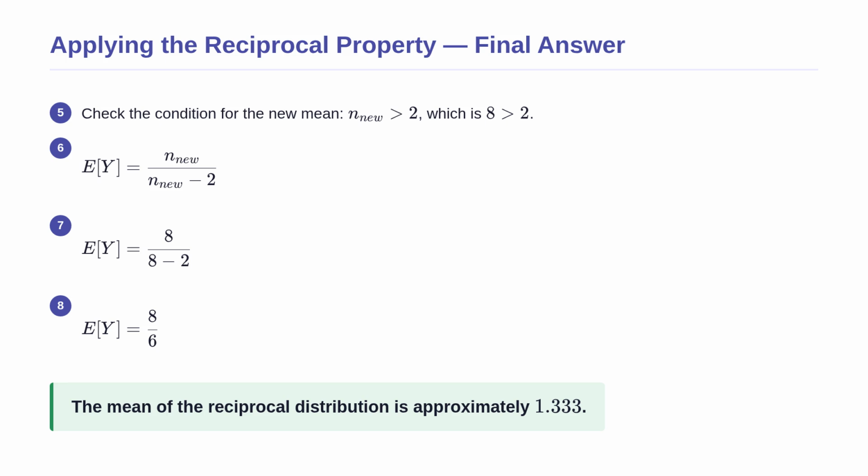We write down the standard mean formula and substitute 8 into both the numerator and the denominator. We subtract 2 from 8 to get 6, leaving us with 8 divided by 6. Our final answer is approximately 1.333. Physically, this means the balancing point of our inverted data is exactly here, found effortlessly by just swapping two numbers.